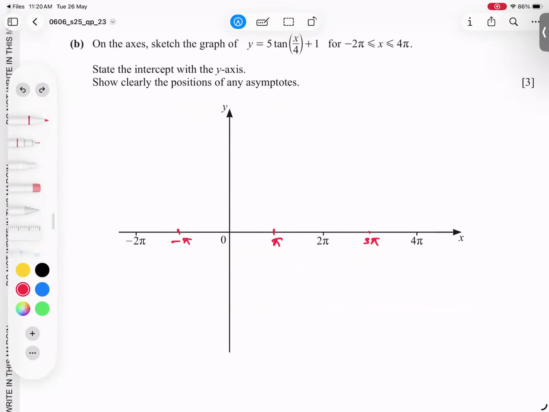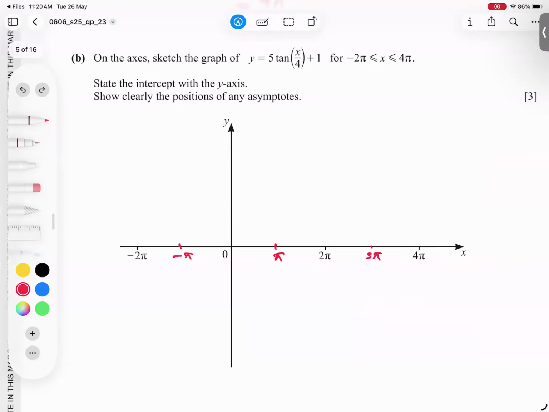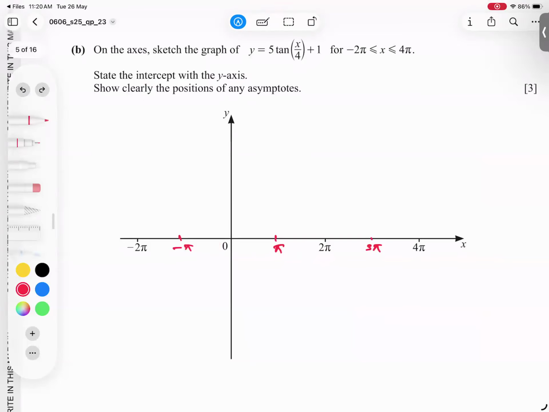So first of all, I need to find the intercept of the y-axis. I will plug in x = 0. When I plug in x = 0, the y becomes 1. We have to show this working. This working is compulsory, and it means I got y = 1. So 1 is approximately here or here, no problem at all.